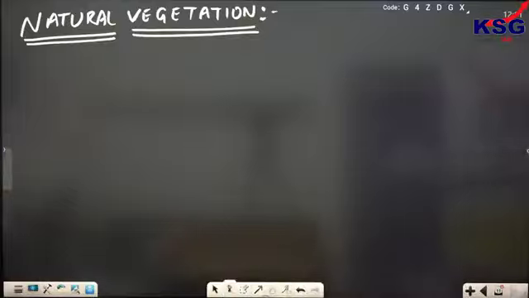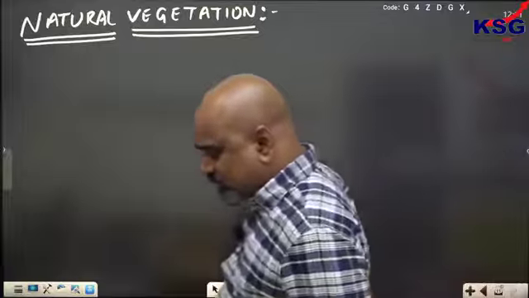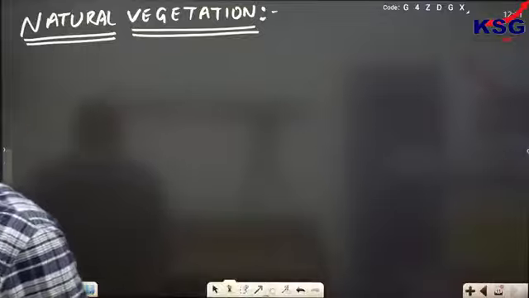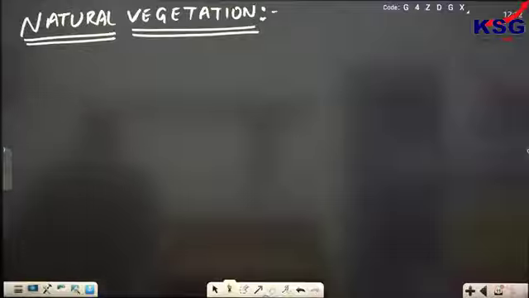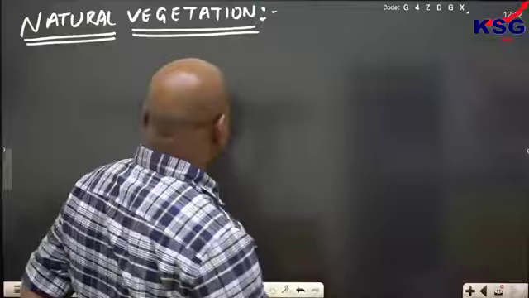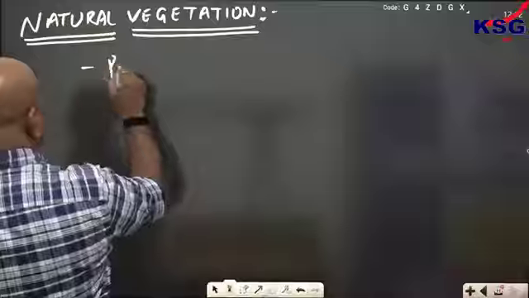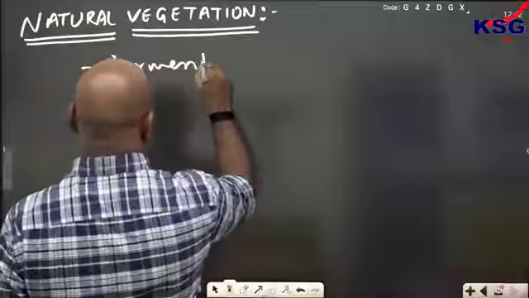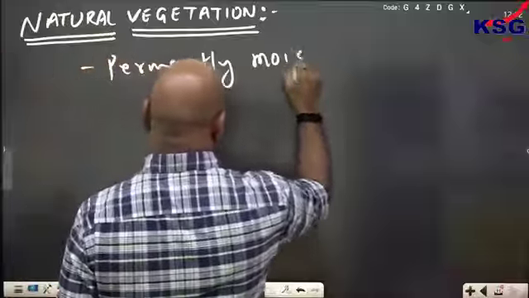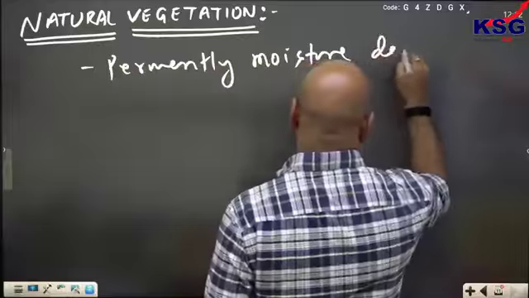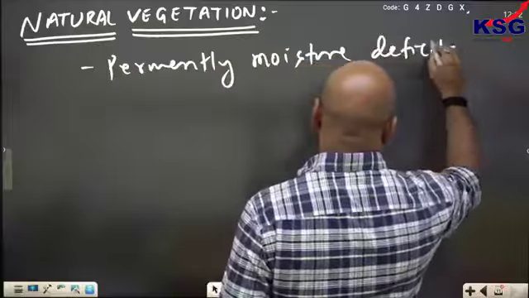Natural vegetation. In this climate, I am saying the hot desert climate has a permanently moisture deficit zone.